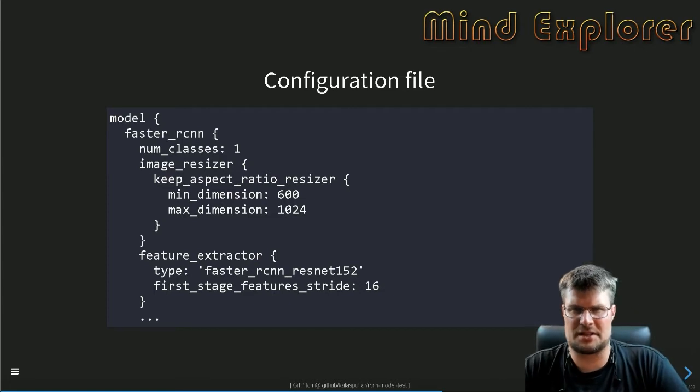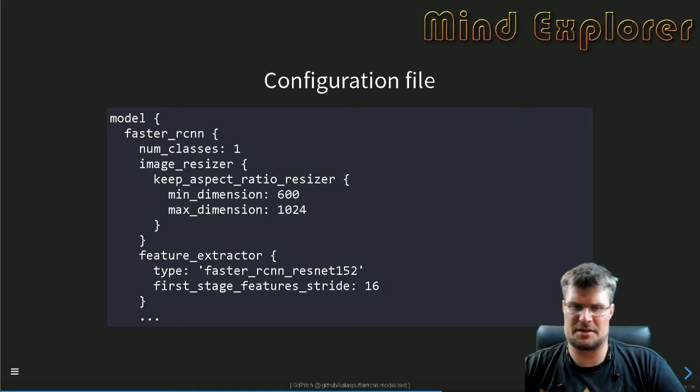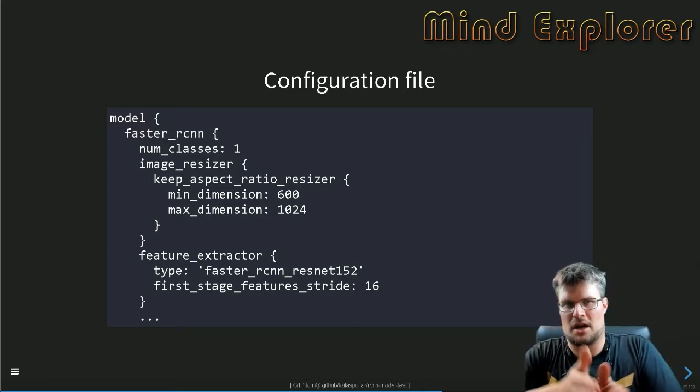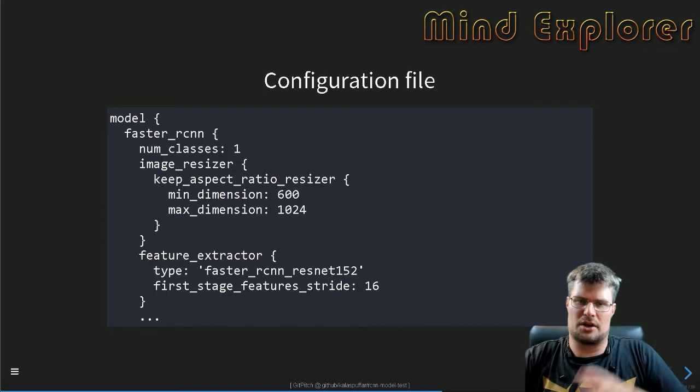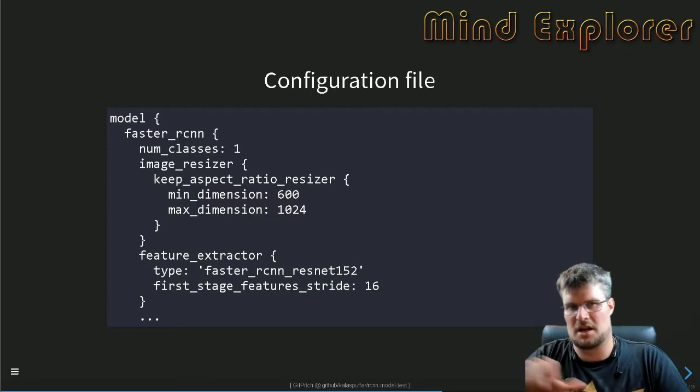And then we have the feature extractor, and that's pretty much the network. So here you can say that I want a faster RCNN ResNet network, 152 layers. So that's the network I choose. And the first feature stride, this means where in the image should you find things and how much should you move your window when you're looking for things. And in this case I say that this feature stride should be 16, so it's 16 pixels moving through the image.